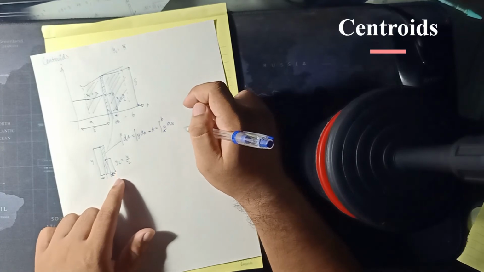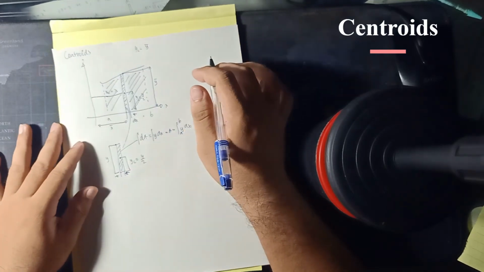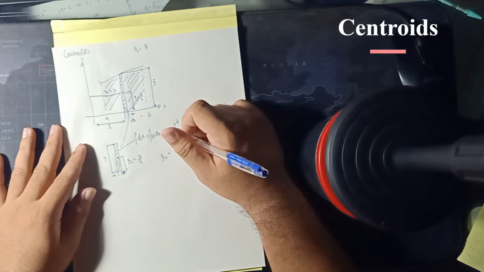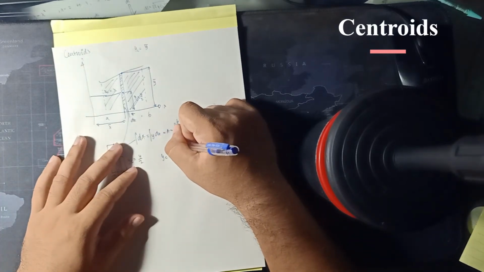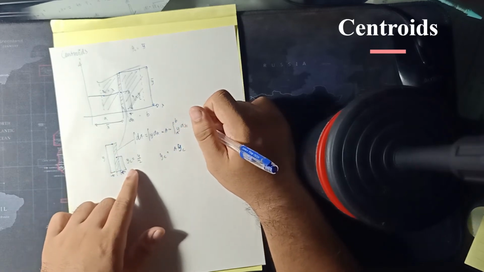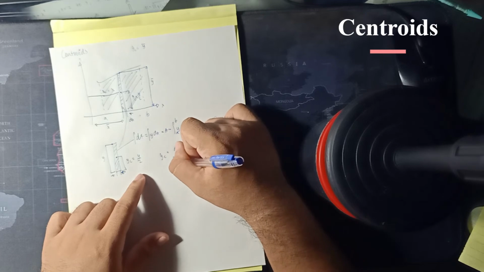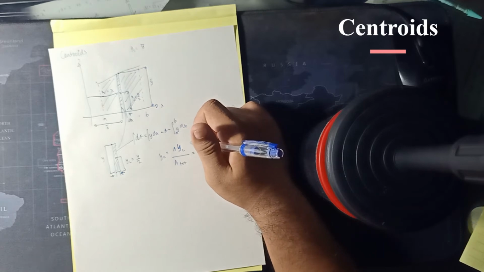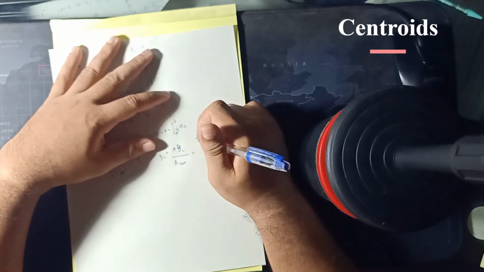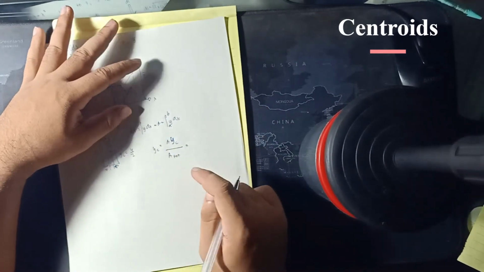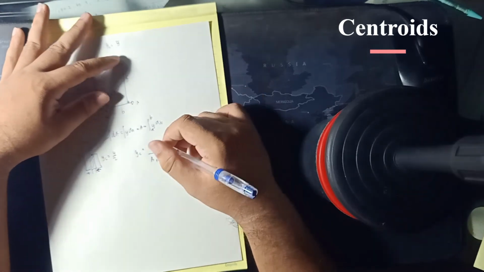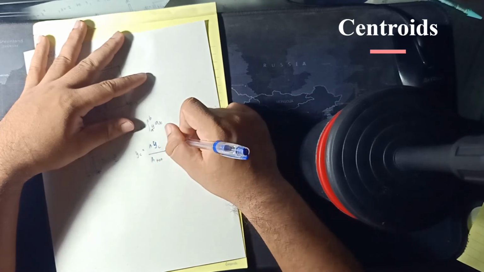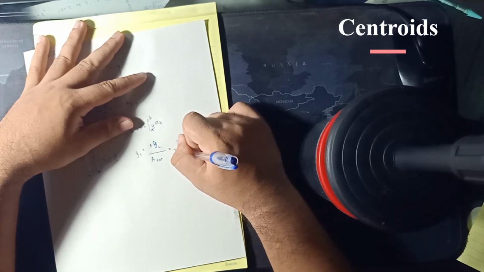For your formula from physics, your yc is equal to your area multiplied by yc, over your total area, A total. So your area is y dx, and your yc is y over 2 over A total, also y dx with limits from a to b.